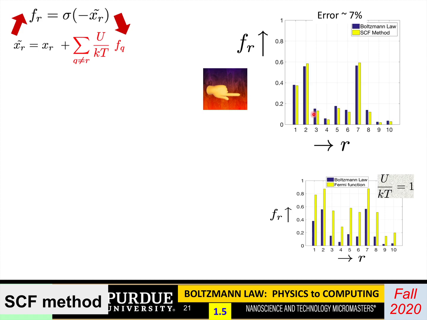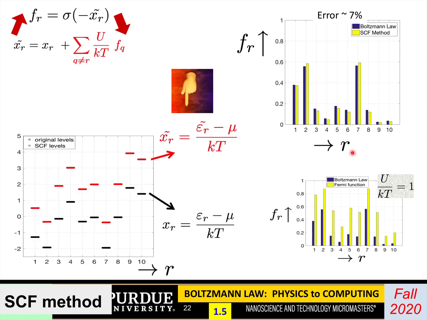You'll notice it's not exact, and numerically if you check the difference between these two distributions, there's about a 7% difference. So it hasn't matched very well, and if U were bigger, the discrepancy would also get bigger. But for relatively small U, it works quite well and is, as I said, widely used in this field. Now if you plot these tilde x's, you'll get these red levels, the ones I've shown here.